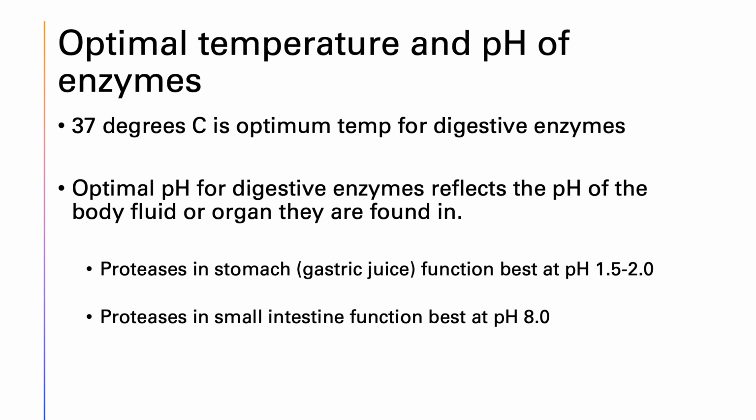However, conversely, proteases in the small intestine function best at pH 8, which is just over neutral, starting on the basic side of things. The basic pH of the small intestine helps to counteract the acidity of the stomach. So these digestive enzymes in the small intestine will function best at a pH of 8.